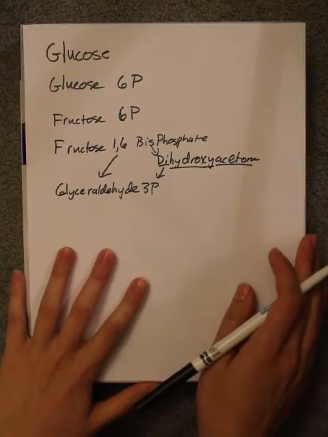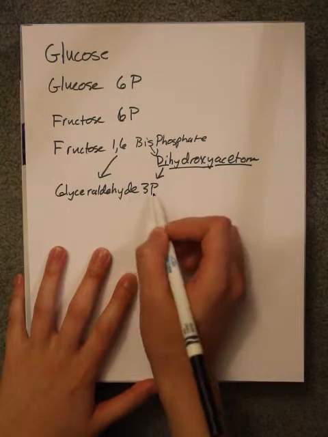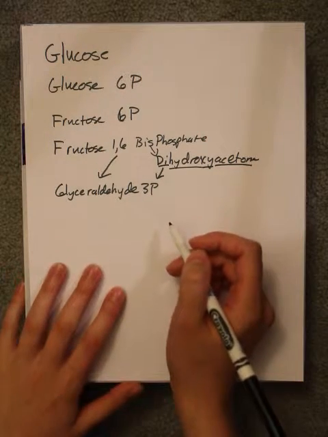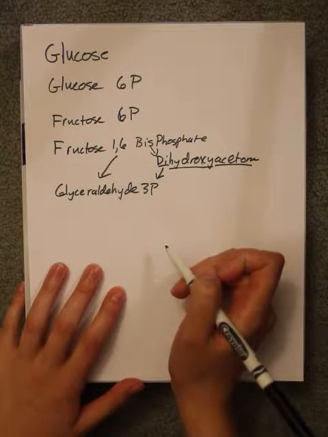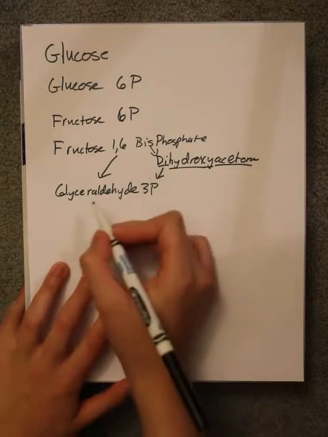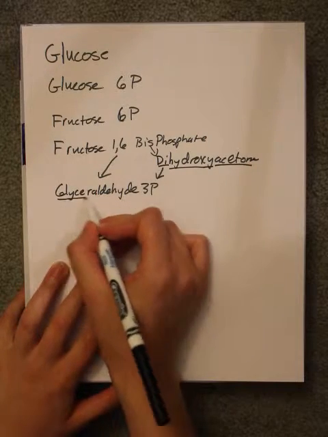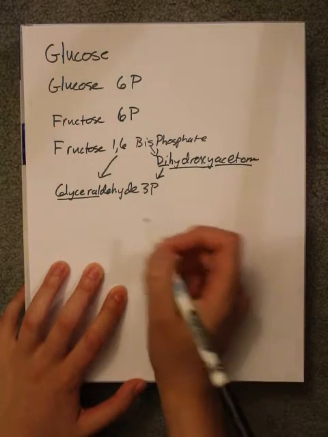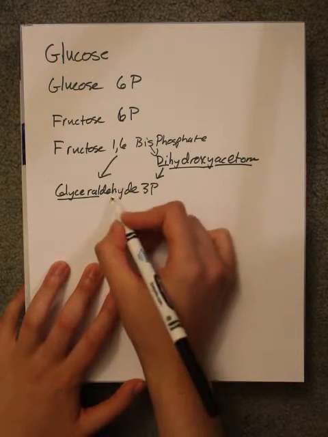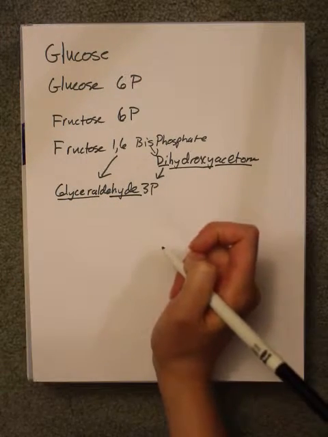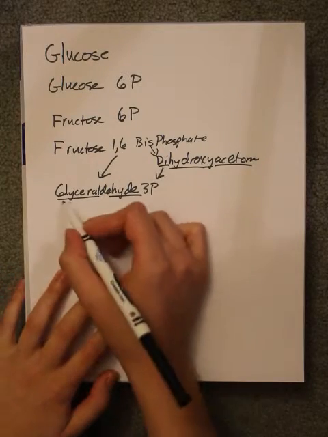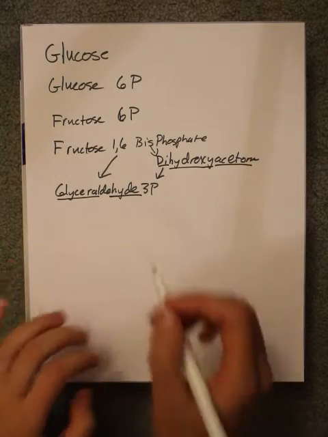And then for the other one, glyceraldehyde 3-phosphate, I think of evil soap. So glycerol can be used to make soap. So you have glyceraldehyde, and then Hyde is like from Jekyll and Hyde. He was the evil guy. So I remember it, glyceraldehyde 3-phosphate for that.